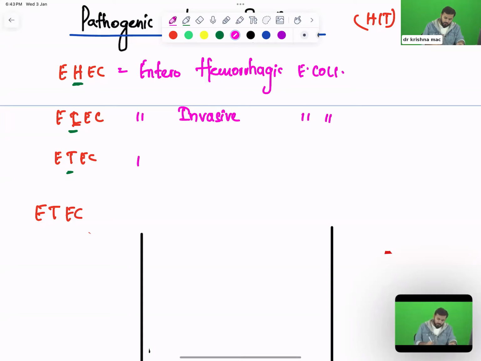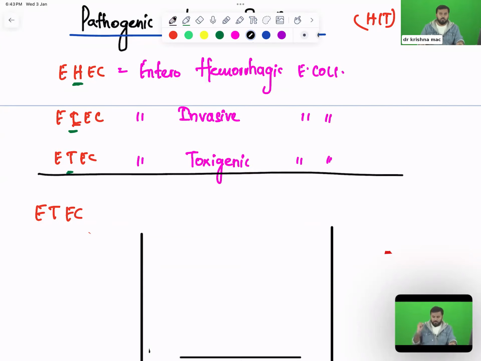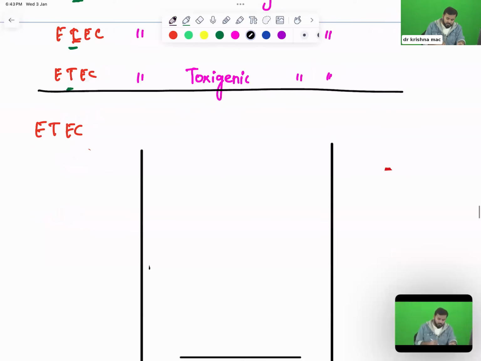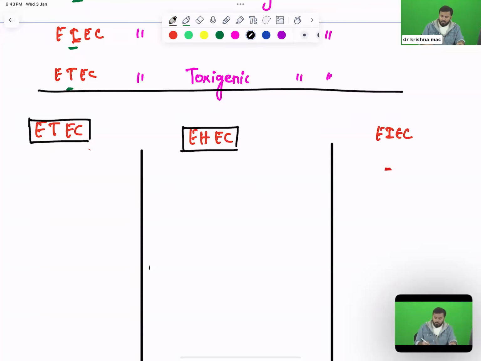Next, you have enterotoxigenic E. coli. So these are the three different types of E. coli which you have. First is enterotoxigenic E. coli, next is enterohemorrhagic E. coli, next is enteroinvasive E. coli. Now all of you look at this.